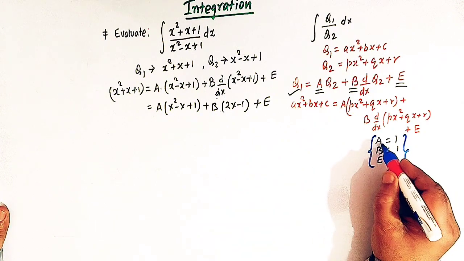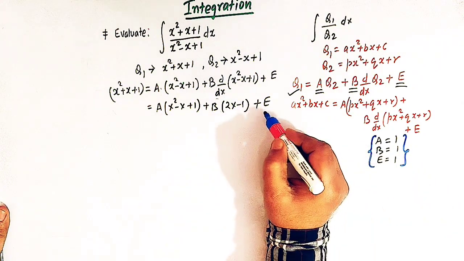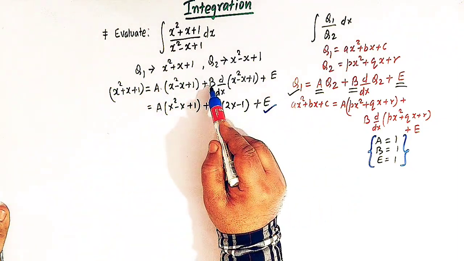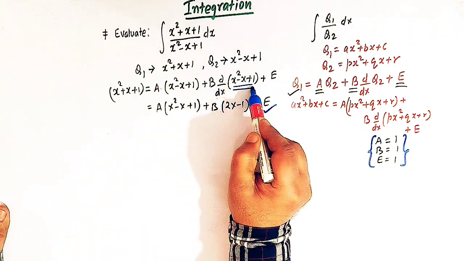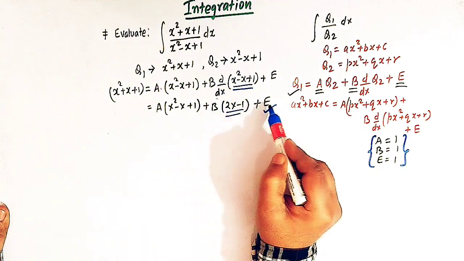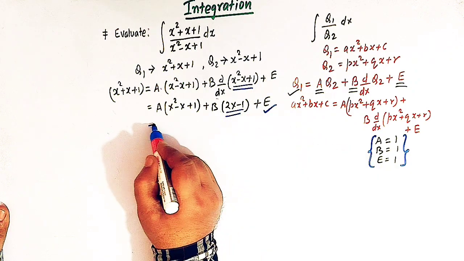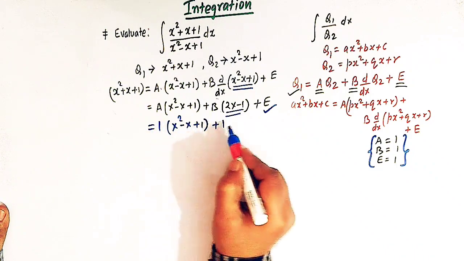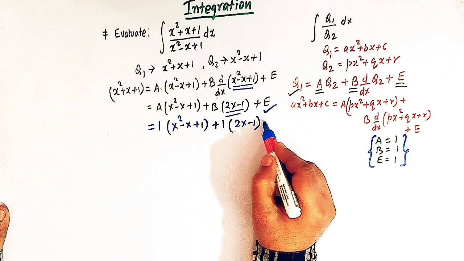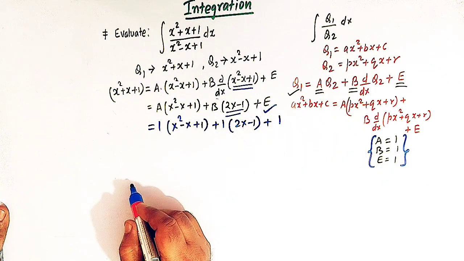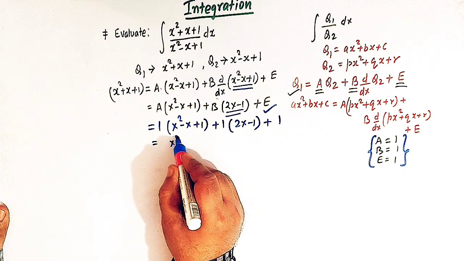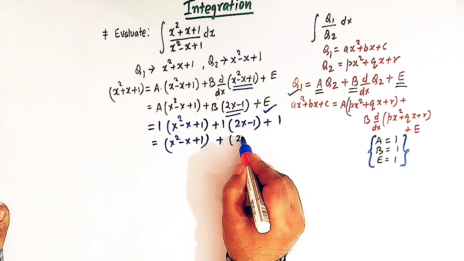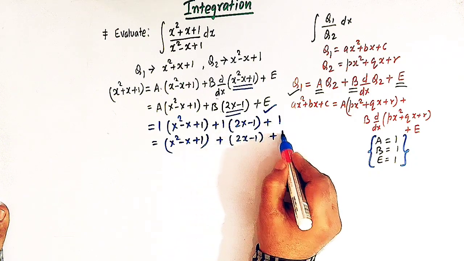Now taking these values of a, b, and e in this equation, where we have a times x square minus x plus 1 plus b times the derivative, 2x minus 1, plus e, we have 1 times x square minus x plus 1, plus 1 times 2x minus 1, plus 1. So we can write it simply as x square minus x plus 1, then the second term is simply 2x minus 1, and the third one is 1.